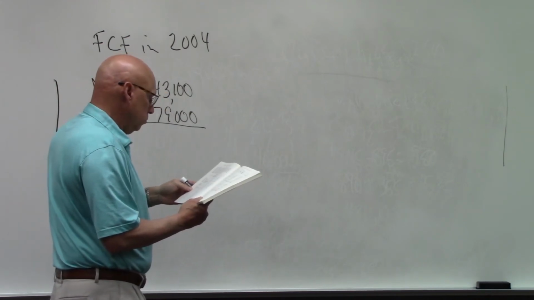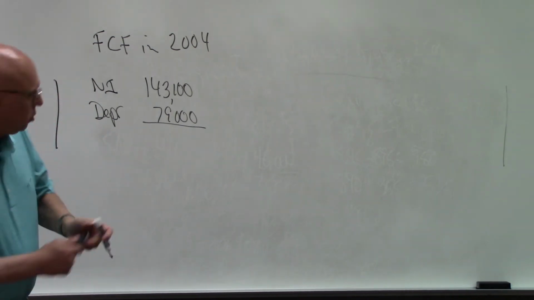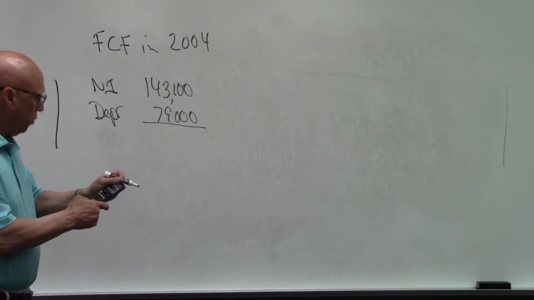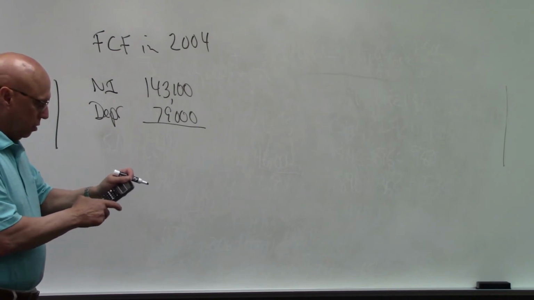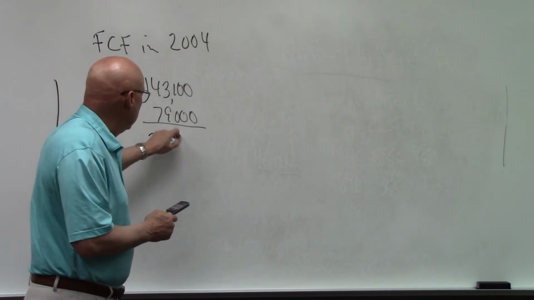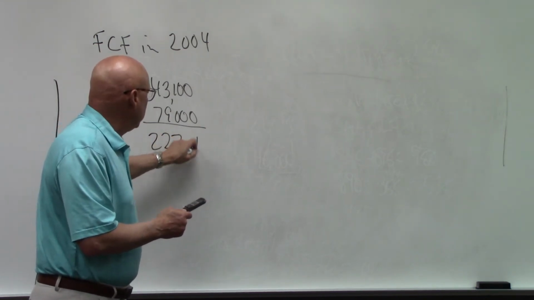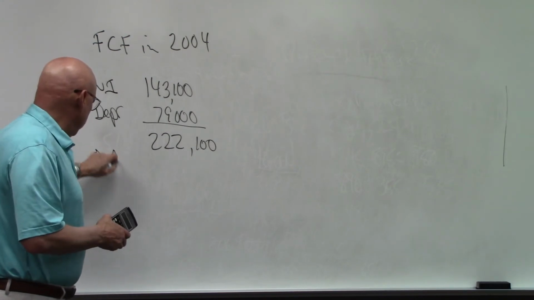Okay? So 143,100 plus 79,000 is $222,100.